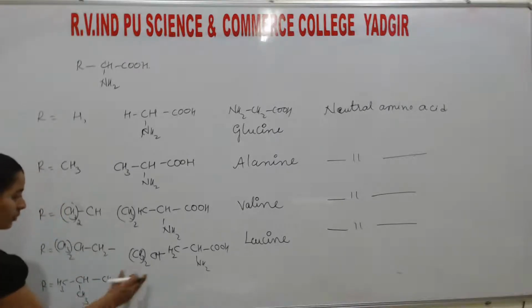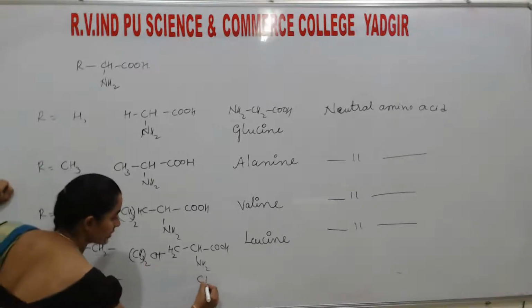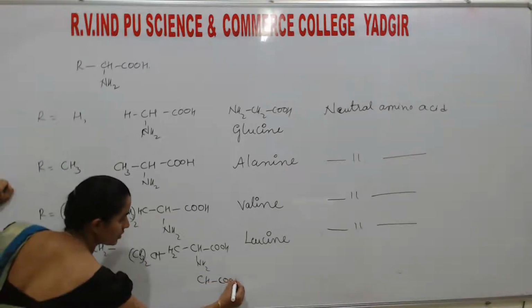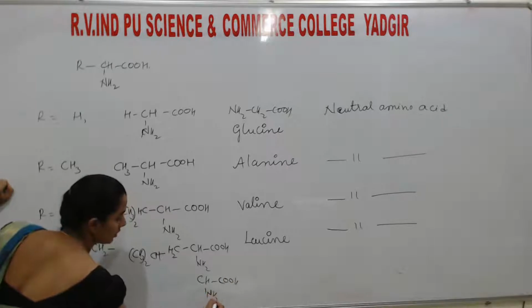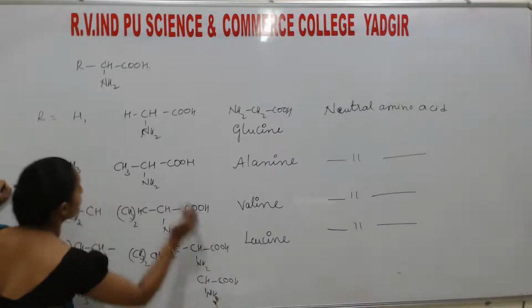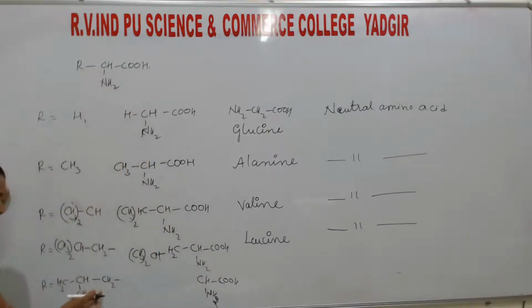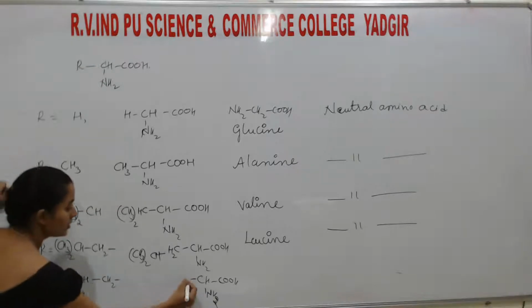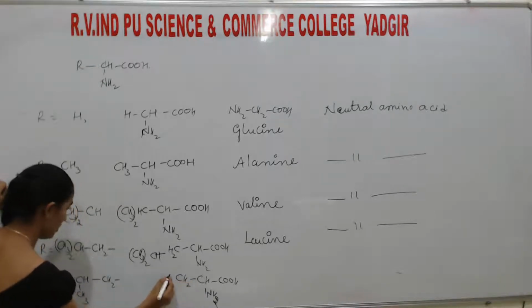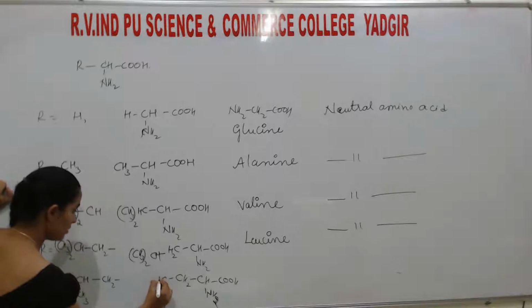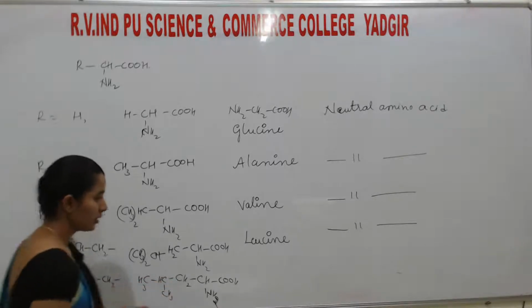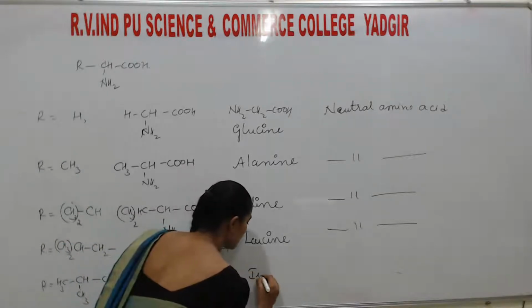If this is the R group, then this becomes CH, COOH, NH2, with the R group replaced by CH, CH2, CH3, CH3. Here it is isoleucine.